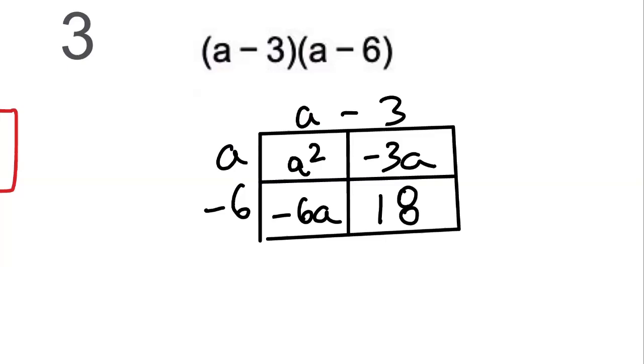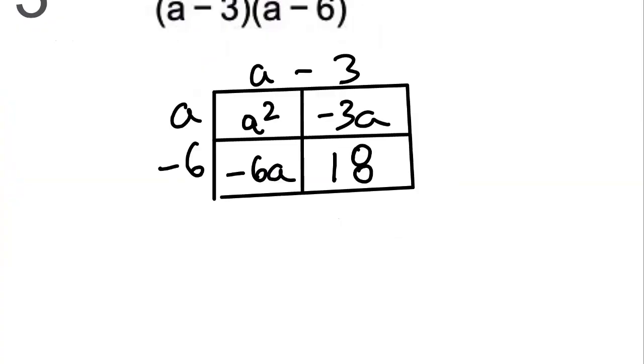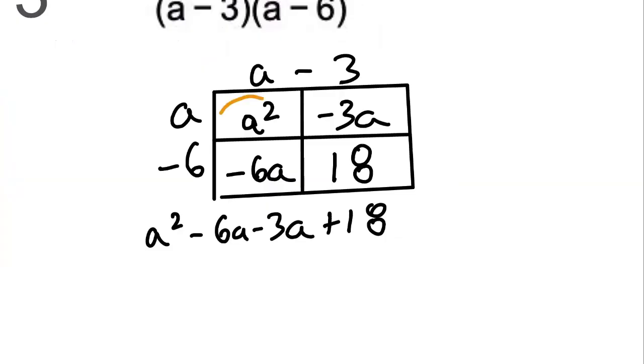Now the only thing left for you to do is write them in standard form. You write a squared first, then either negative 6a or negative 3a. It doesn't matter because when you combine them, you'll end up getting the sum, and then positive 18 on the very back. So this goes first, this goes last.